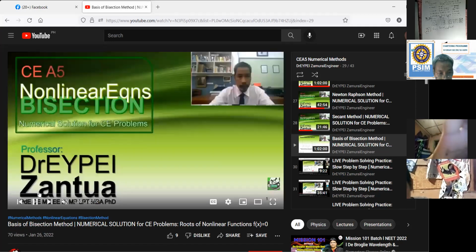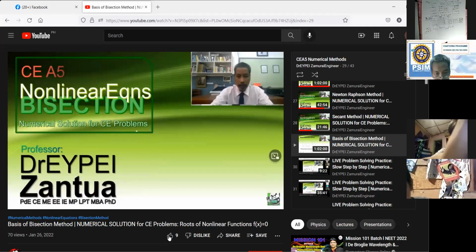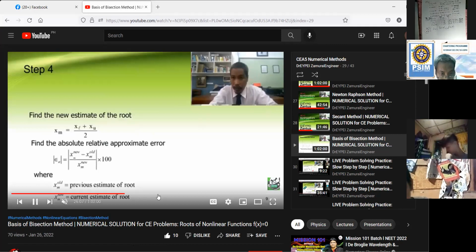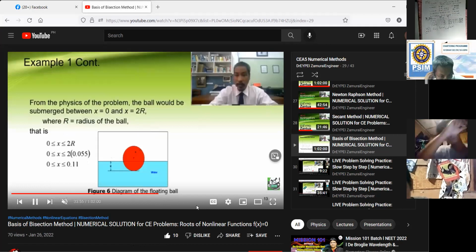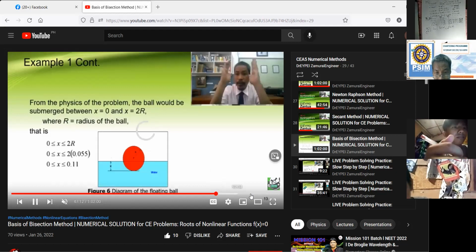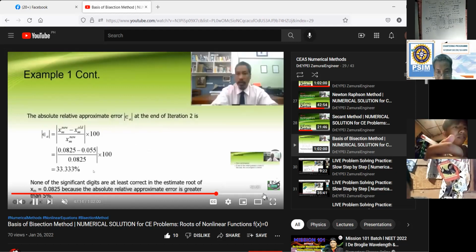This is the last one for chapter 2. Algorithm of how to solve a problem using bisection method. We already explained this, bisection method.